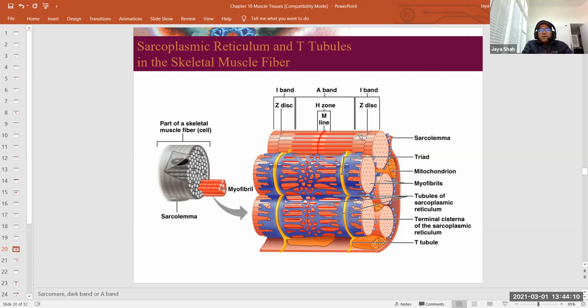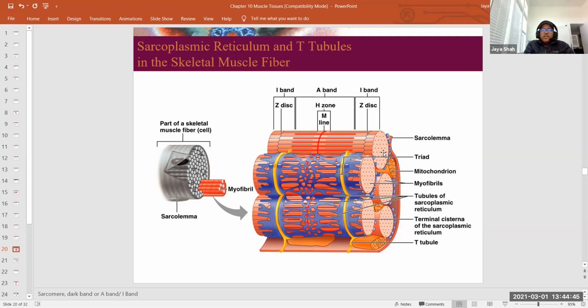The area covered only by thin filament is called the I band. The area in the center of myosin, where there is no actin, and there is another protein anchoring all the myosin, called M protein, the myosin anchoring protein, this small area is called the H zone.